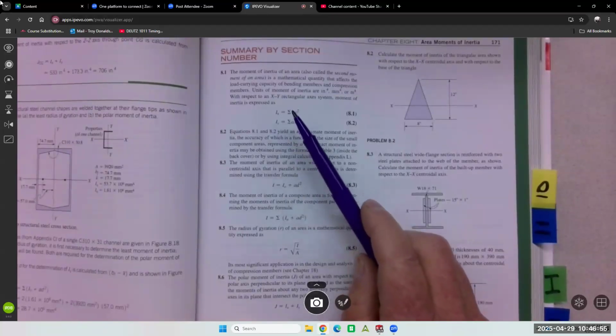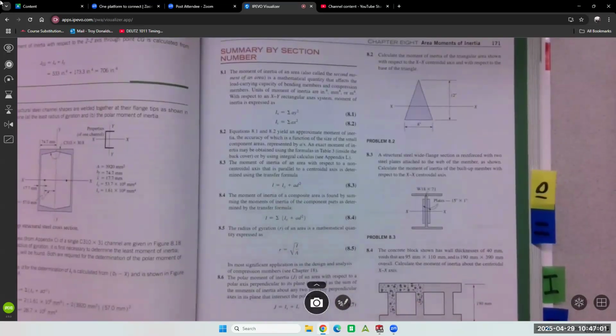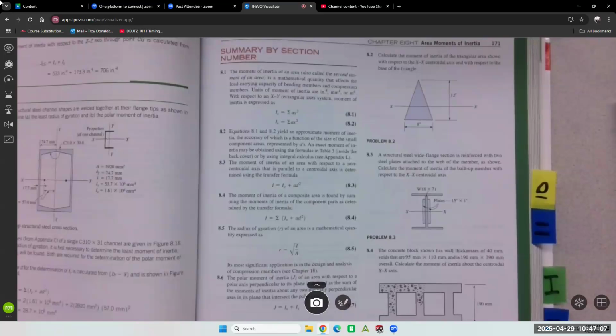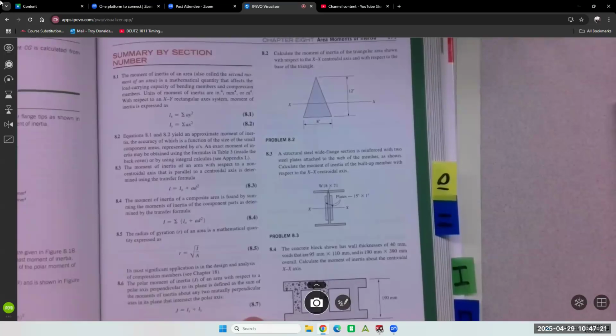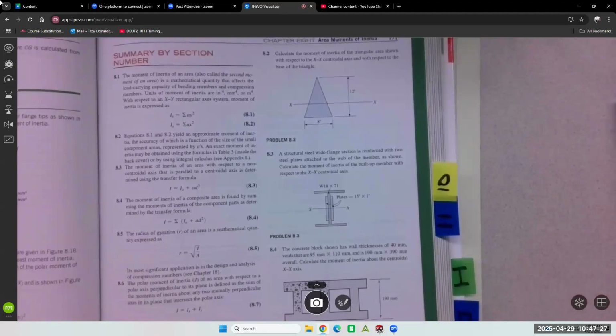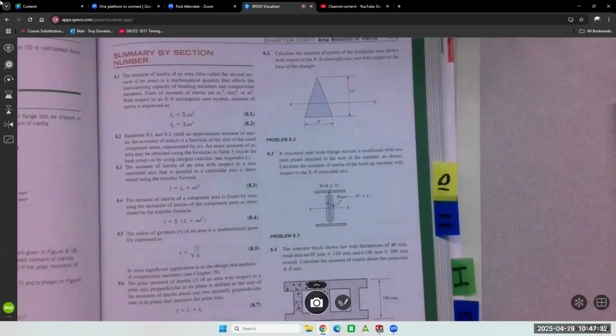How did we find inertia and the transfer formula? Those are the two things. You could have a problem where you calculate the inertia, and that could make you calculate the centroid first and then go for the inertia. I won't make it a very complicated shape, but it could be a structural shape with something added to it. That's usually what I do. That makes you look up structural stuff. I'll have all the tables copied for you to use during the test. So the test is going to feel really thick, but it's got a lot of tables in the back, so it's not that bad.